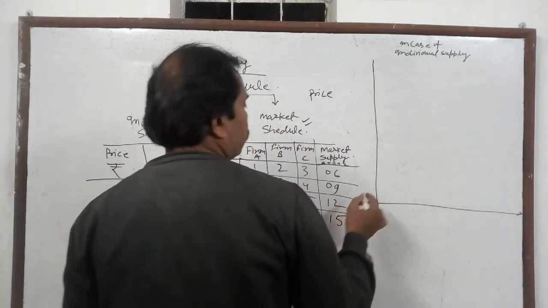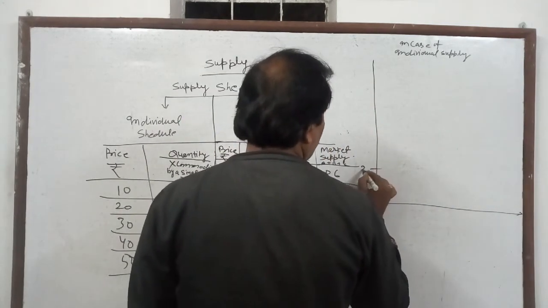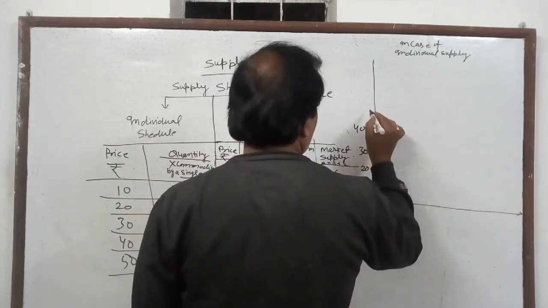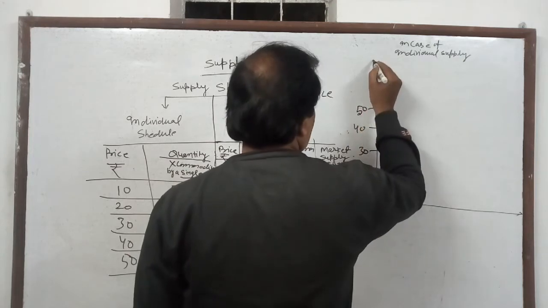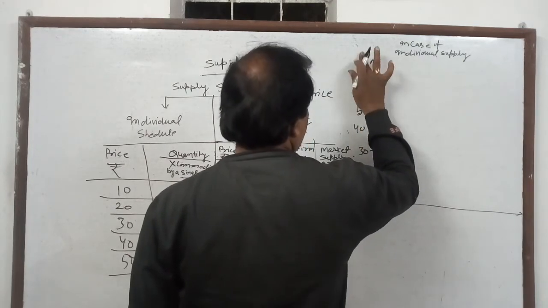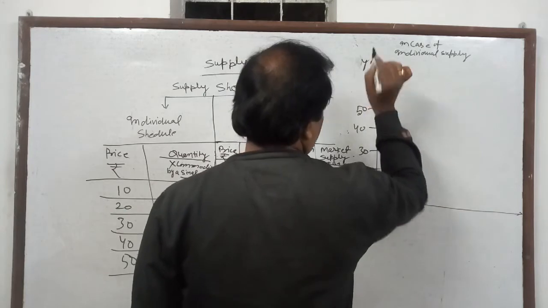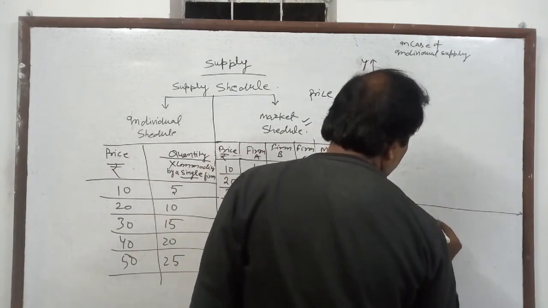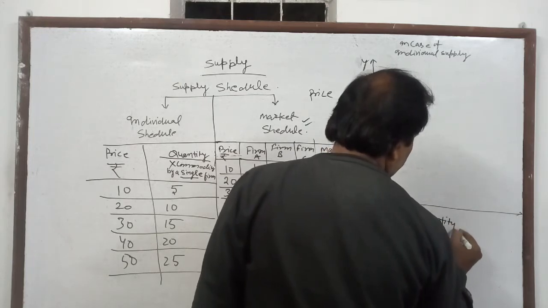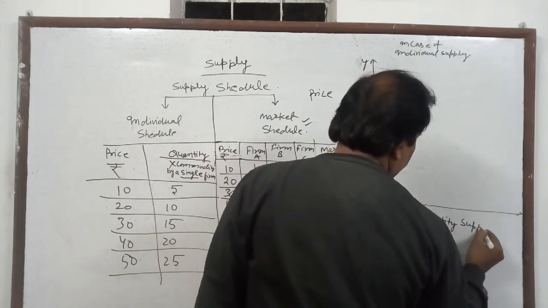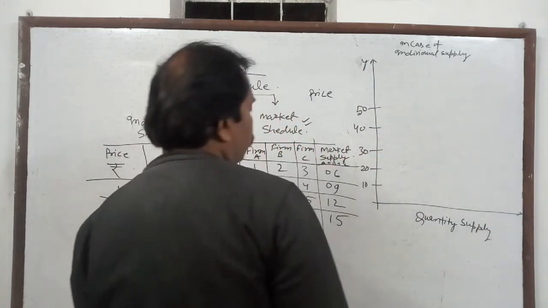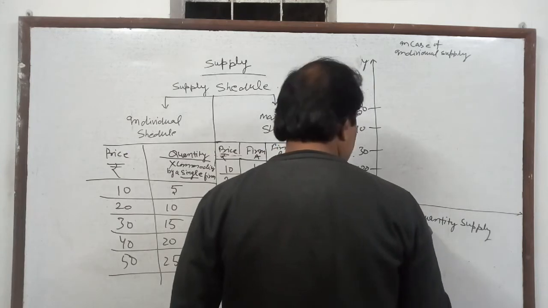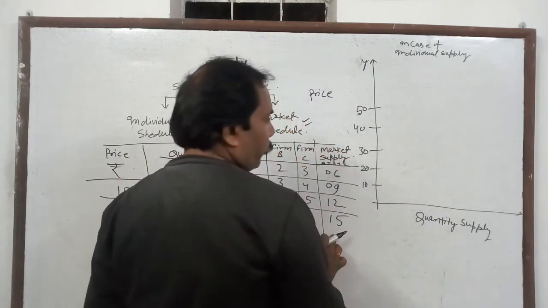Here the price is given as 10, 20, 30, 40, 50. It is drawn at an angle of the x-axis and y-axis. And on the x-axis is the quantity supplied. So here we can take the value, suppose the maximum value is 50.